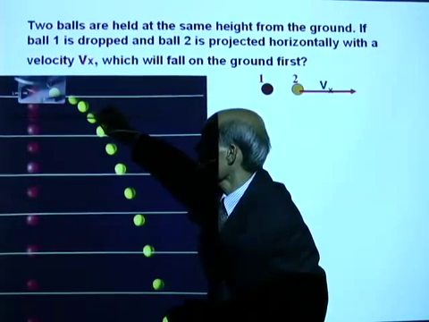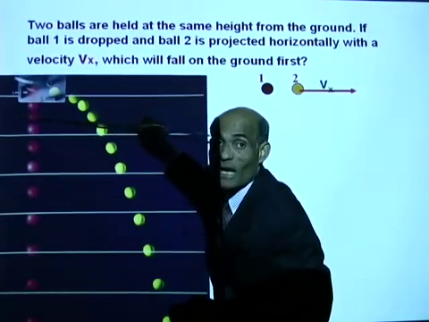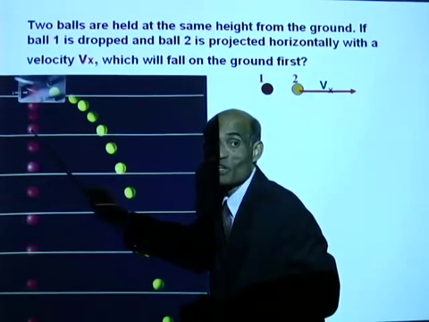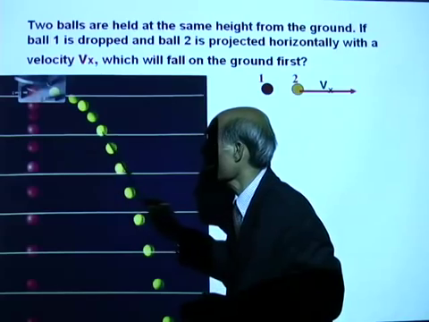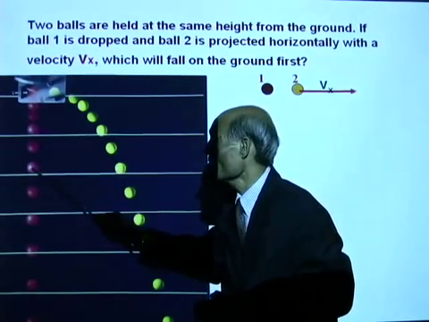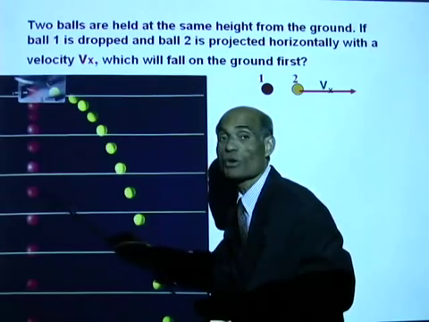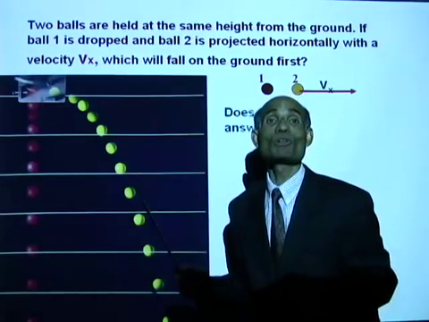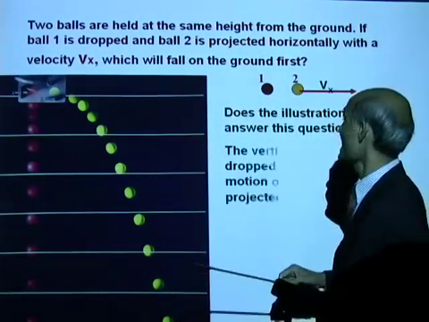After 1 second, you can see the red ball and the yellow ball. After another second, look at the vertical positions of the red ball and the yellow ball. The vertical fall of the red ball and the yellow ball are exactly the same. That means they will fall to the ground at the same time.